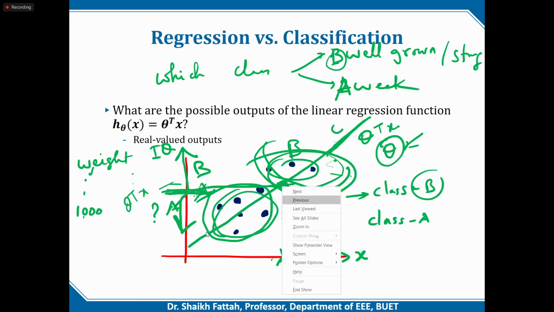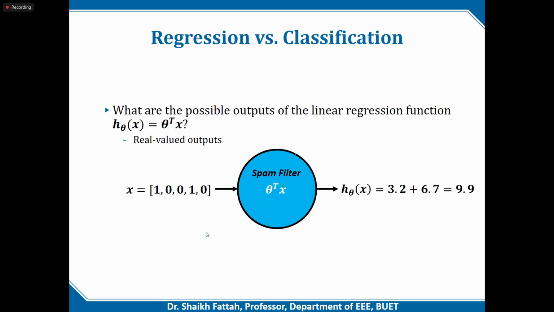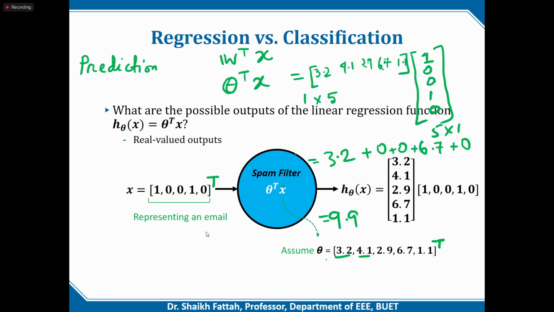Now you have to decide the class. So the prediction value, which we call h theta x, theta transpose x, is 9.9. Now I have to decide, is it class A or class B? How to do that?